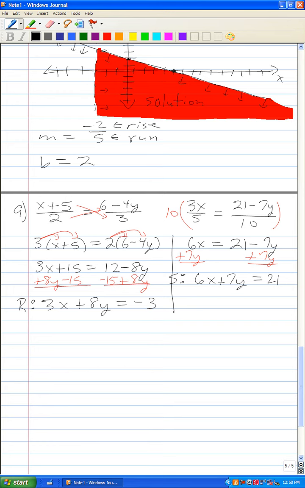Okay, so let me multiply the first equation here by negative 2. So I get -6x - 16y = positive 9. And let me add these two equations together.